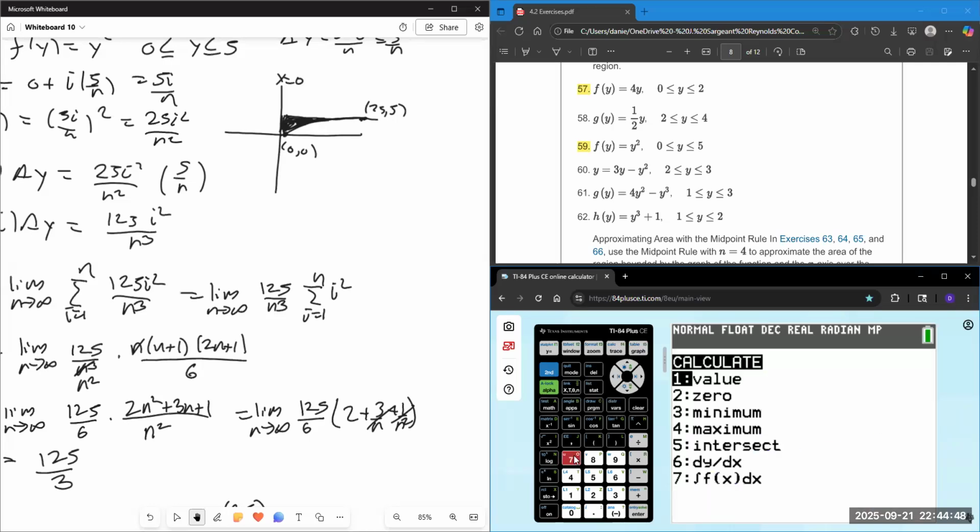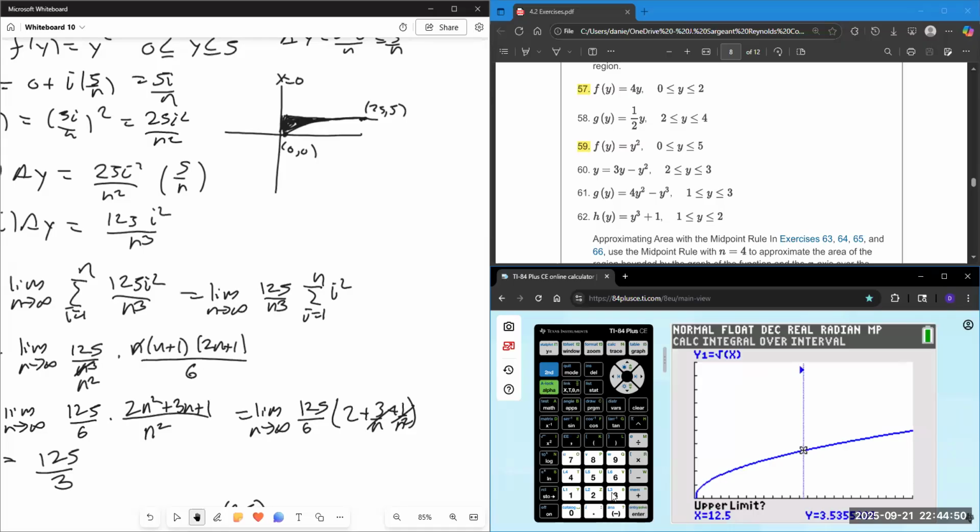Second calc 7, 0 to 25 is 83 and a third.